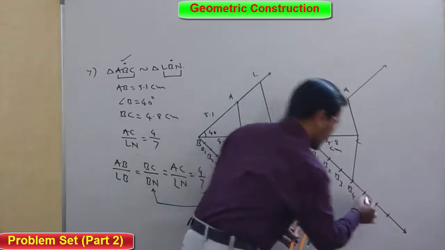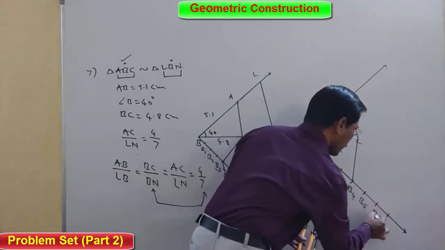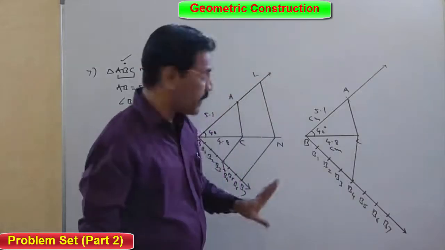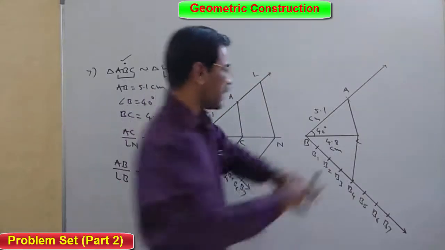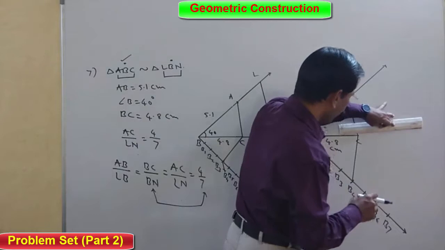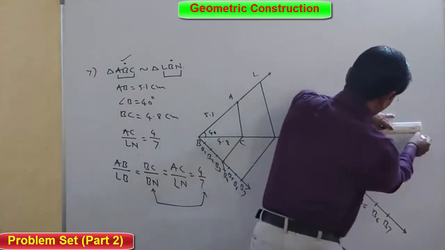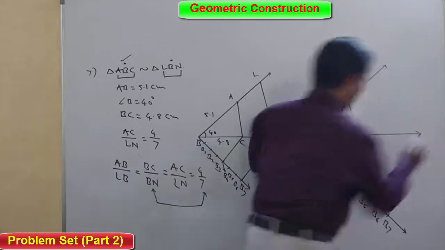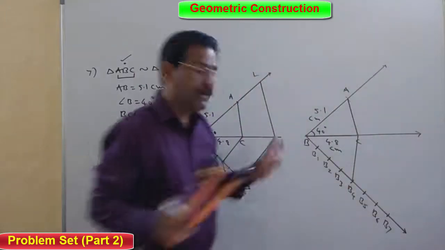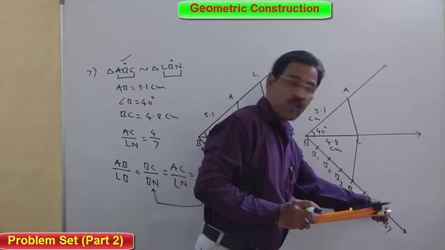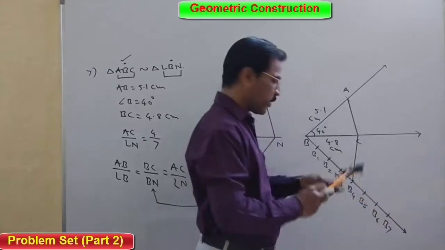Okay friends, now this is B5, B6, B7. Now the next part is very important. I'll just extend the base BC as well. Okay, now what is our next procedure? We have to draw an angle here which is exactly congruent to this angle. Okay, see please.